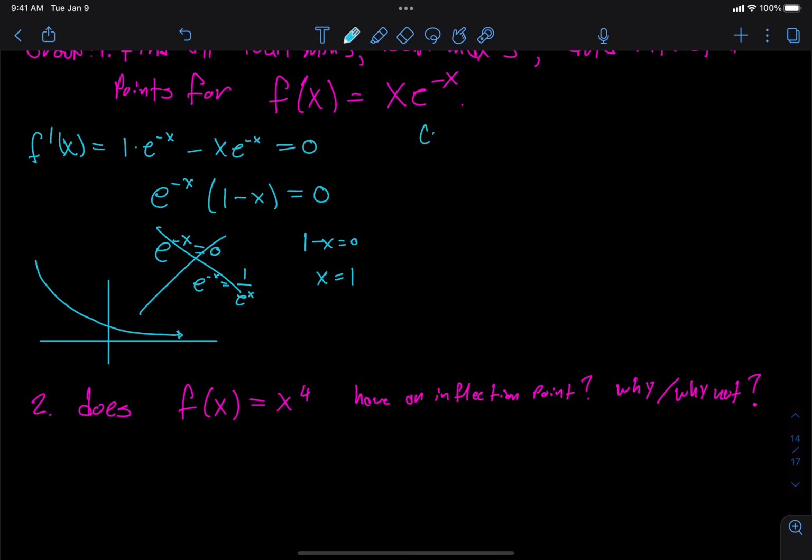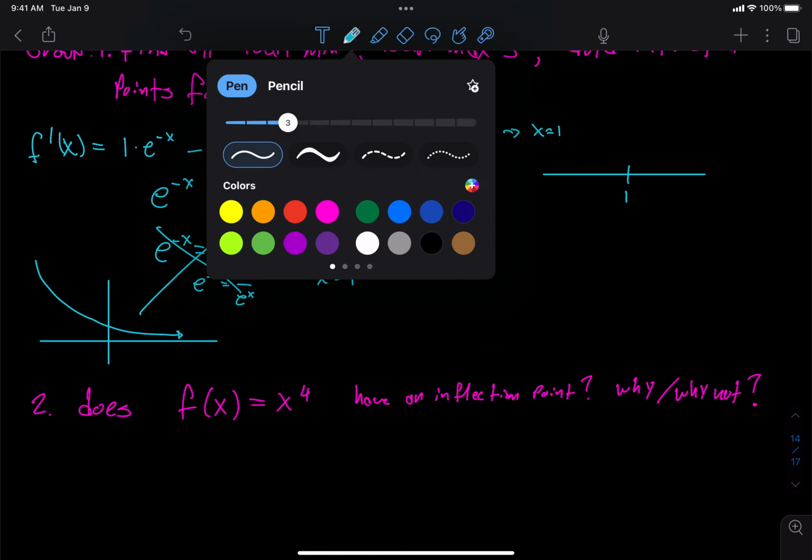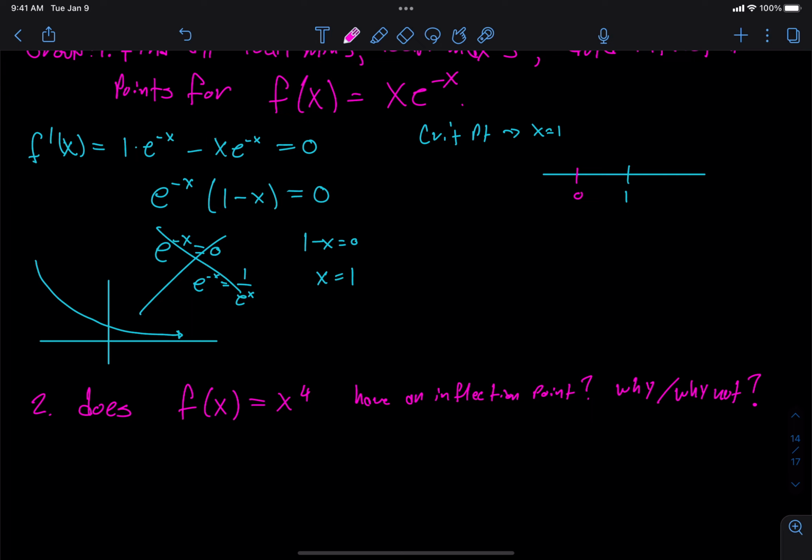So our only critical point is x equals 1. So we could use the first derivative test to put 1 on the number line. And I'm going to choose two test points, maybe 0 and 2. And I'm going to plug them into the first derivative. F prime of 0 would be e to the 0 times 1 minus 0, which is a positive number.